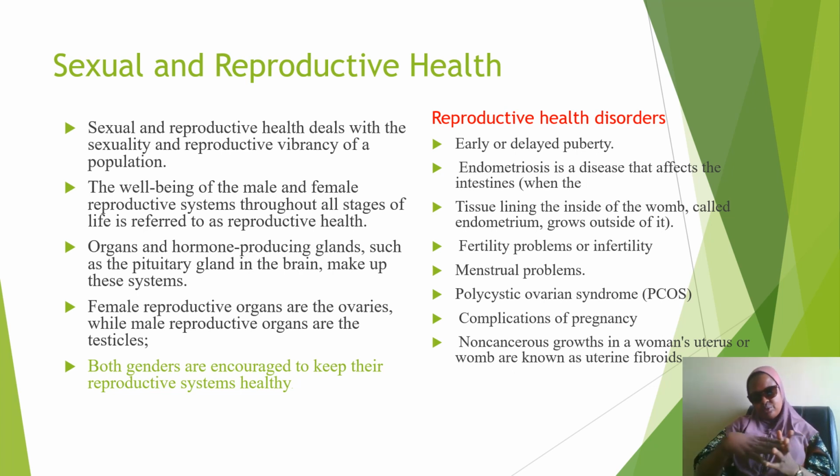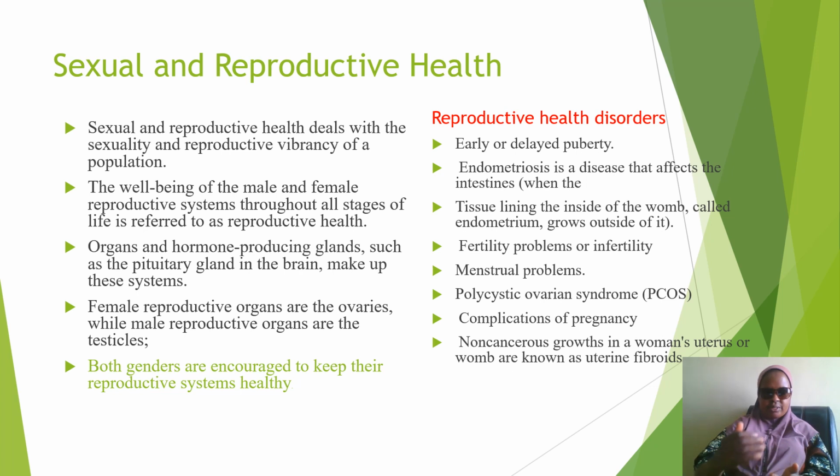So all these are menstrual issues. And then polycystic ovarian syndrome is also a kind of disease that affects the ovaries, and it may lead to infertility in women.